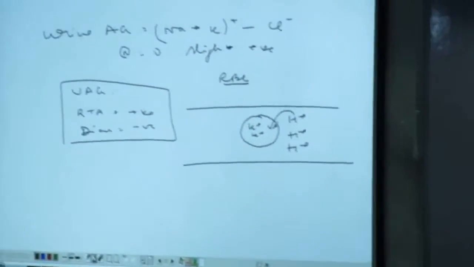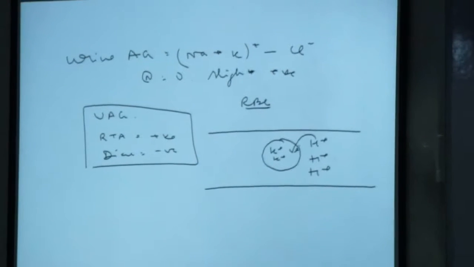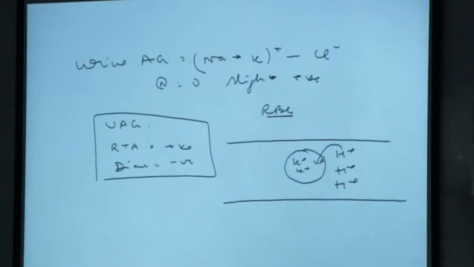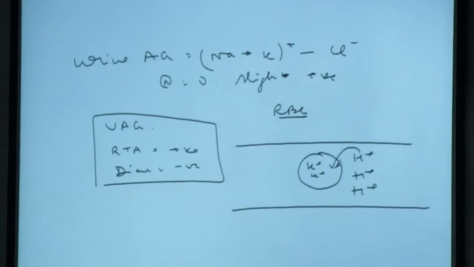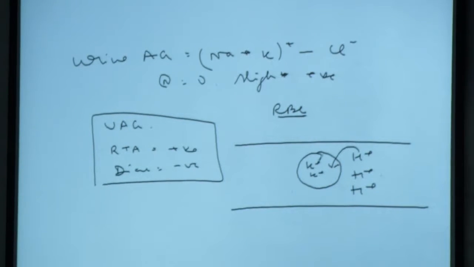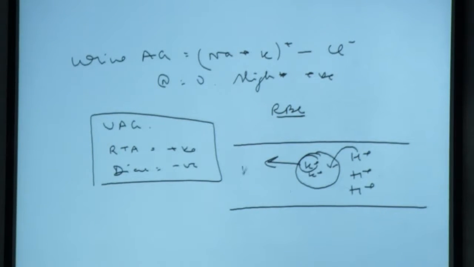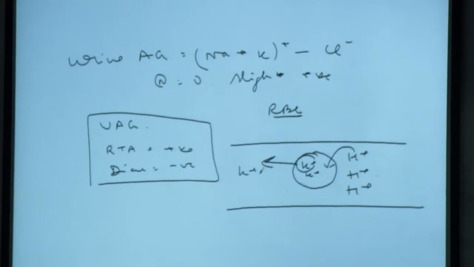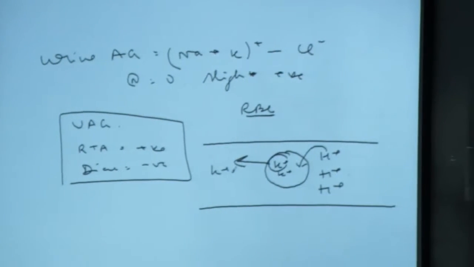H ion will enter the RBC. A positive particle has entered the RBC, and as per the law of electroneutrality, one positive particle has to go out. So whenever we have acidosis, hyperkalemia is there. In alkalosis, it is reverse: potassium goes in and H ion comes out.